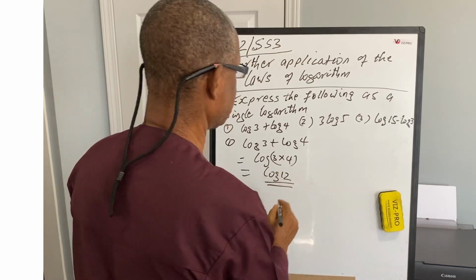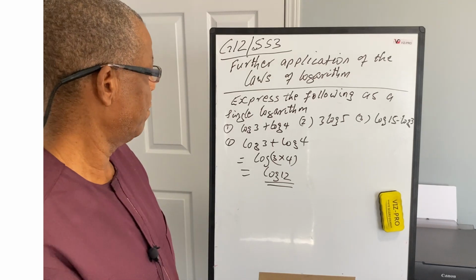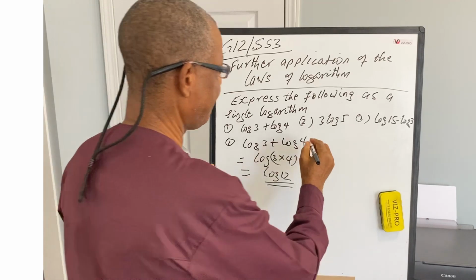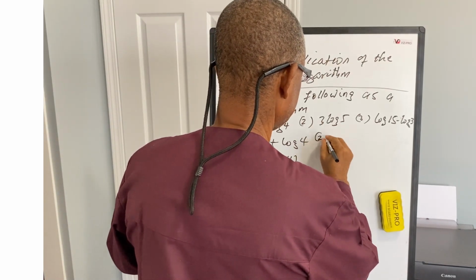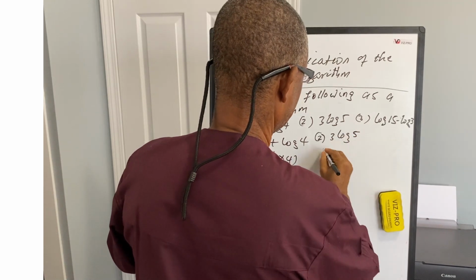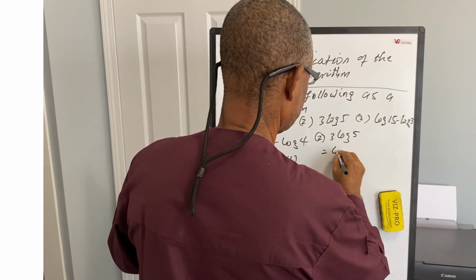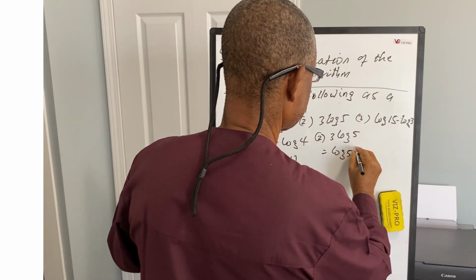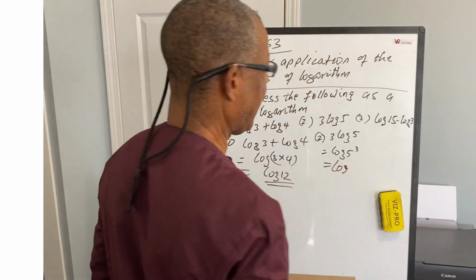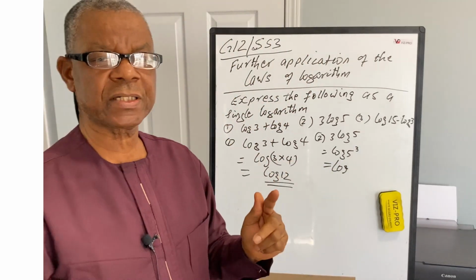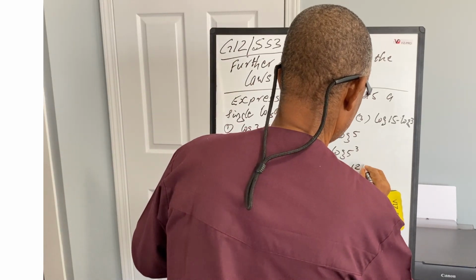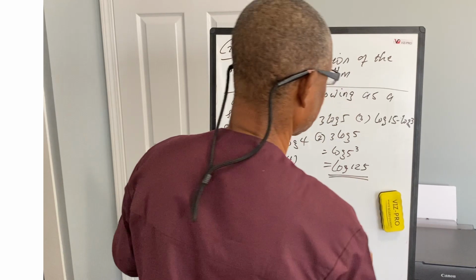It is now a single logarithm. Previously it was 2 logs. Number 2, 3 log 5 will now give us log 5 raised to power 3. And 5 raised to power 3 is 5 times 5, 25, and 25 times 5 is 125. It's now a single log.